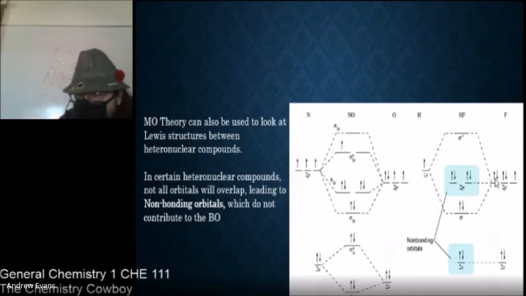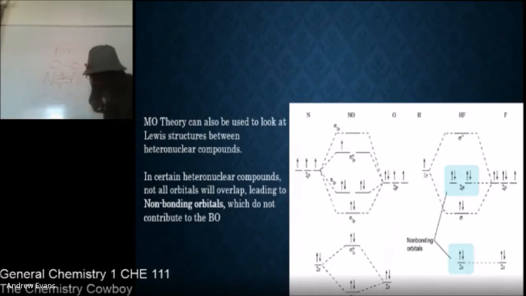And so F having 7, we put 2 electrons into the unused s, non-bonding, 2 electrons into the sigma bond, and then that's 6, 8. So basically, what is the HF structure?